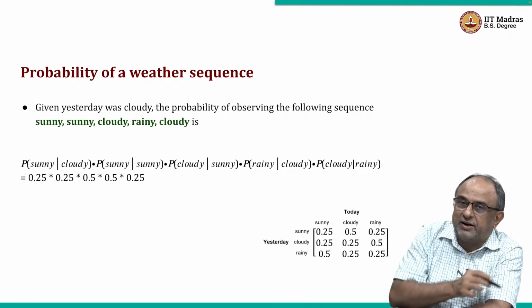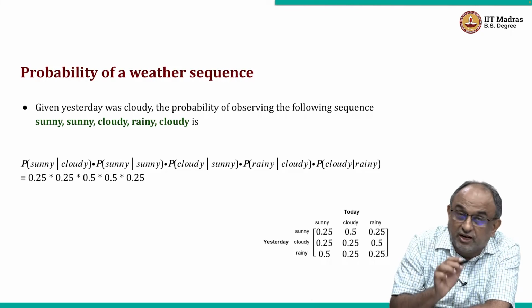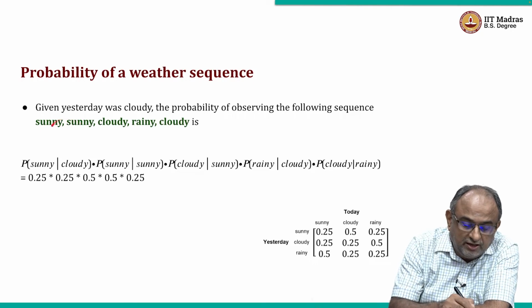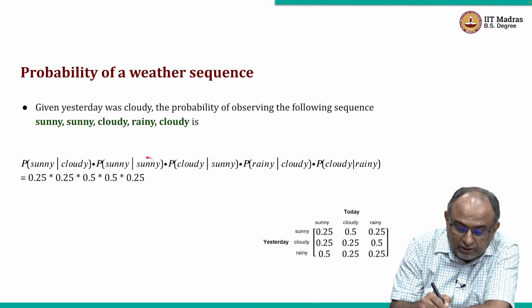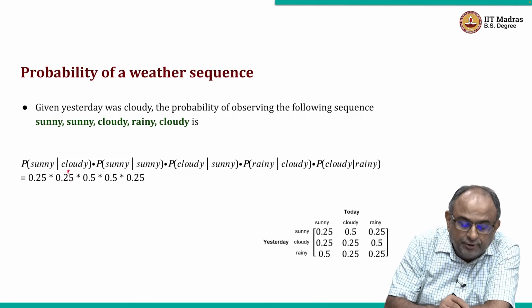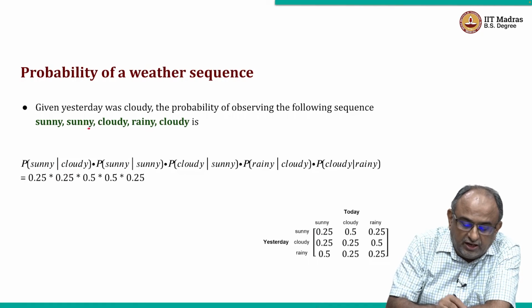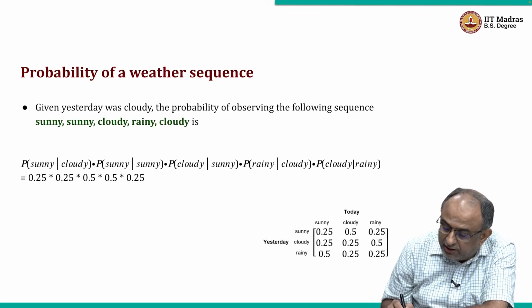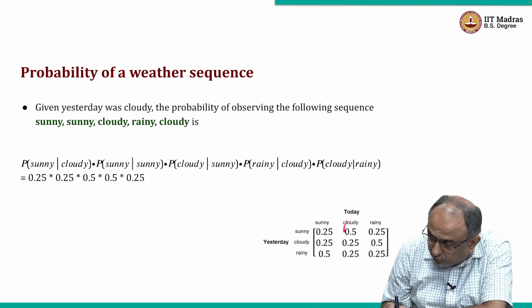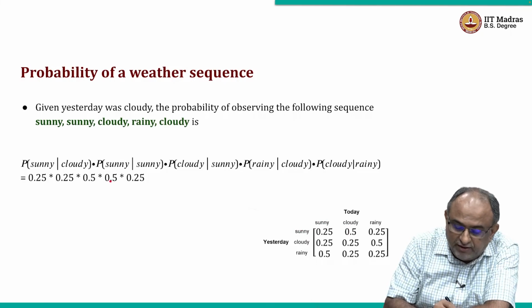That happened 2 days back, right? So the previous day was only sunny. That's all I care about. It's a first order process assumption. So sunny given sunny is what I have to multiply here, and that is again 0.25. Then cloudy given sunny is 0.5.